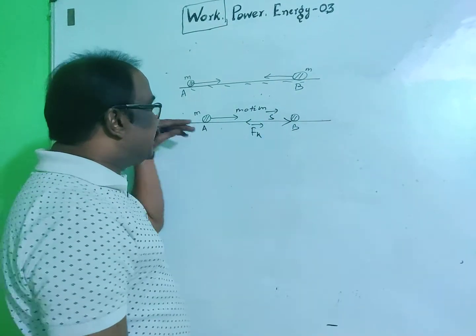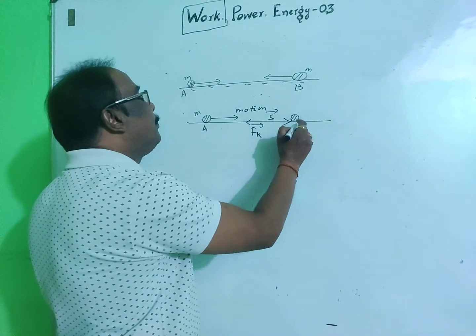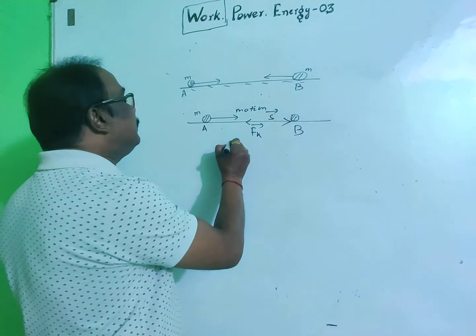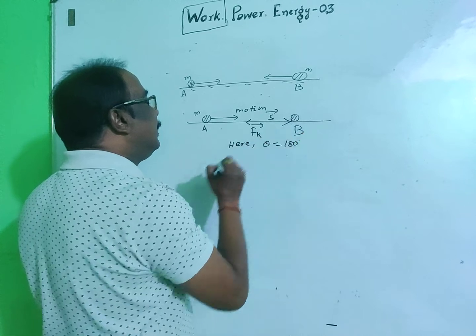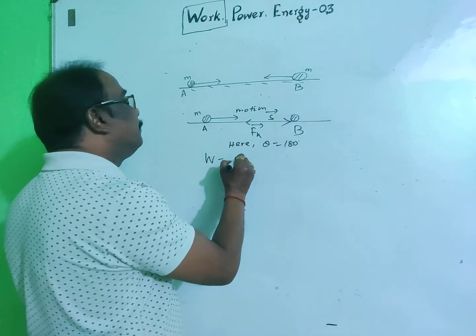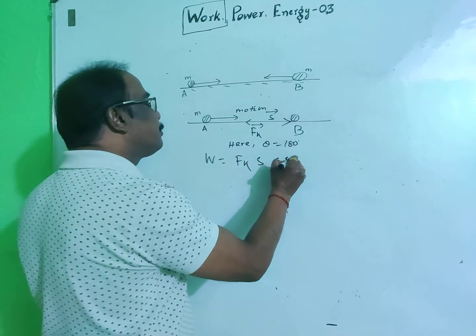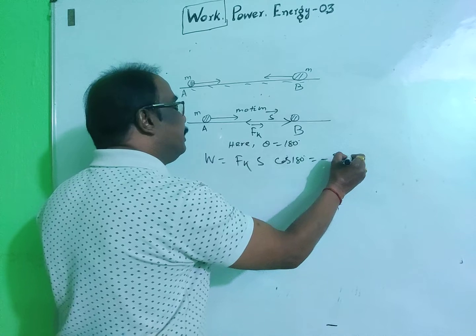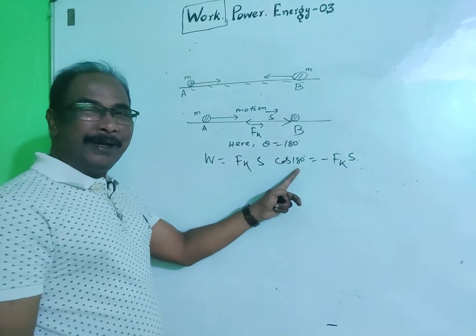Here the displacement is from A to B, and kinetic friction is directed opposite to the direction of motion, from B to A. So theta is equal to 180 degrees. So work is equal to Fk times S cos 180 degrees, which equals minus Fk into S. So negative work is done.